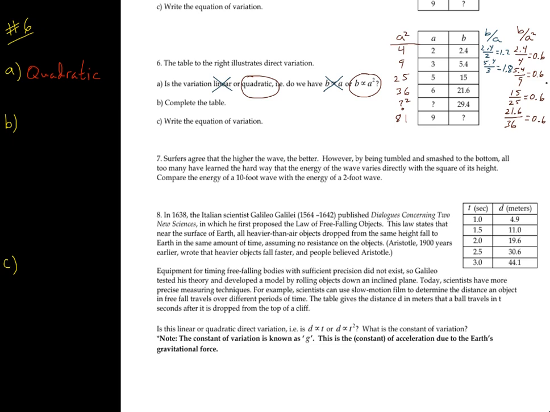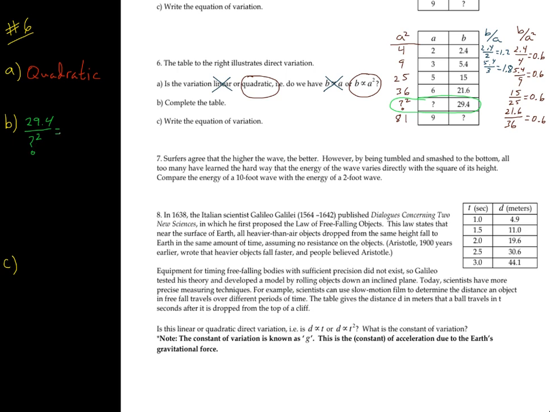So if I look at this pair down here, what we know now is that the ratio of b, which is known, this would be 29.4, divided by the square of a, which, again, we don't know what a is. We're going to divide that by the square of the unknown a value.